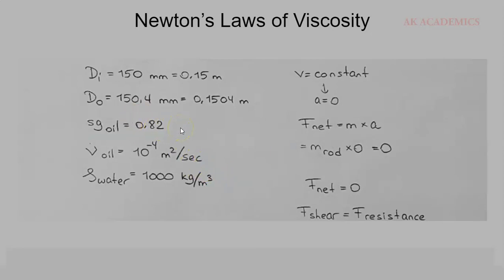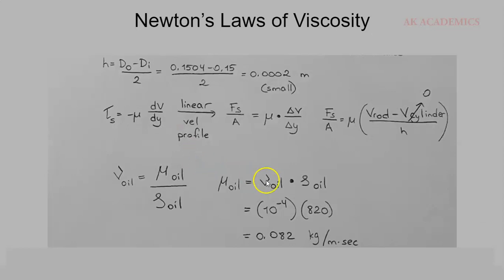If we put those two in the equation, we can then easily find the mass density of our oil, which is just going to be equal to, when we cross multiply, from saying that the specific gravity of oil is equal to the mass density of oil over mass density of water. If we cross multiply, we can easily find the mass density of oil to be equal to the specific gravity of oil multiplied by the mass density of water.